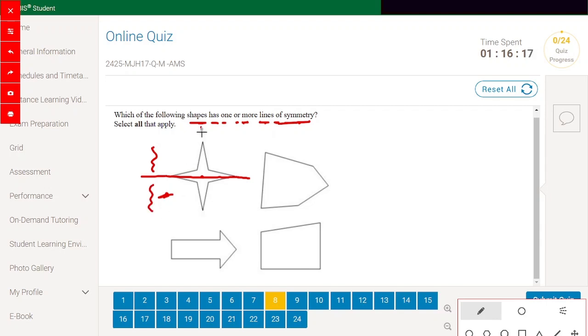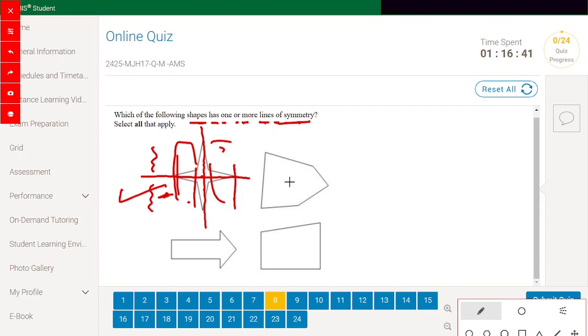At the same time, if we draw a vertical line passing through the center of this shape, we will get that this side equals the other side, they have the same shape. So this shape has one or more lines of symmetry.